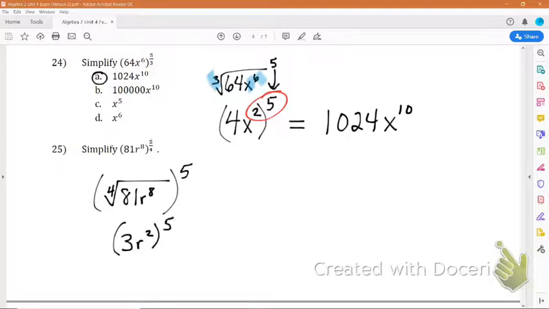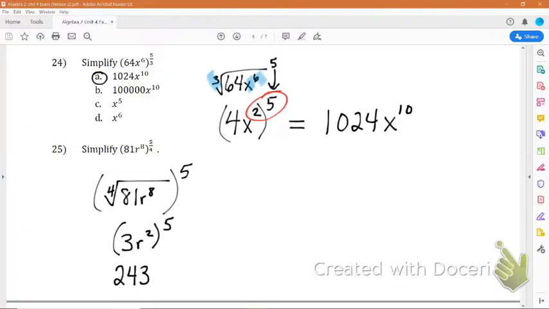I've not done anything with this 5 on the outside. 3 to the 5th power means 3 times 3 times 3 times 3 times 3. 3, caret key 5. 243. Your caret key is on the left side. Yours is the X with the box in the top right hand corner.